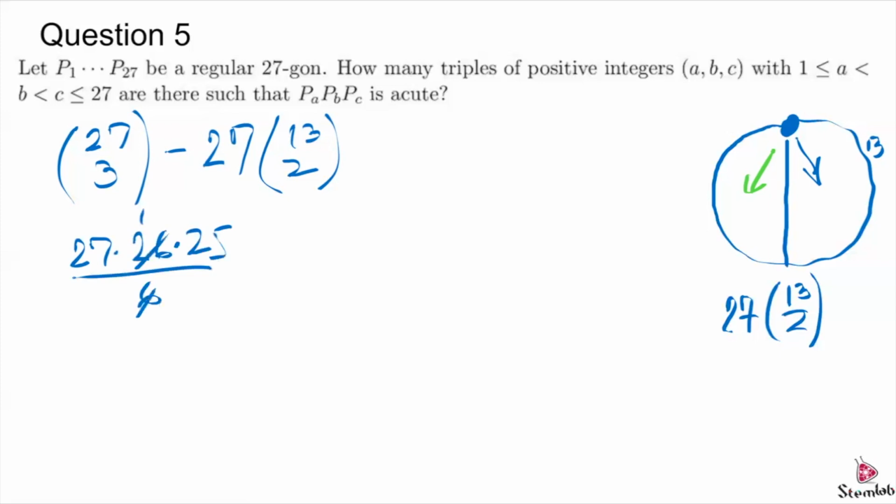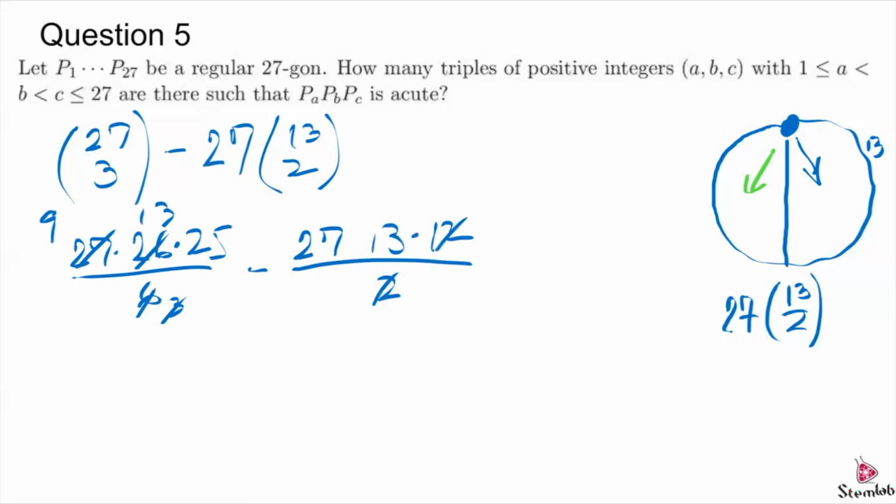Cancel, cancel, 13. Oh, sorry. 13 and 3, cancel this one here. That'll be 9 minus 27 times 13 times 12 all over 2.